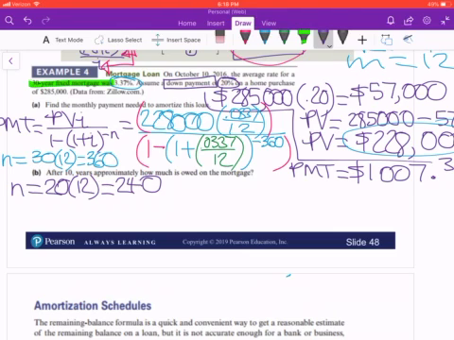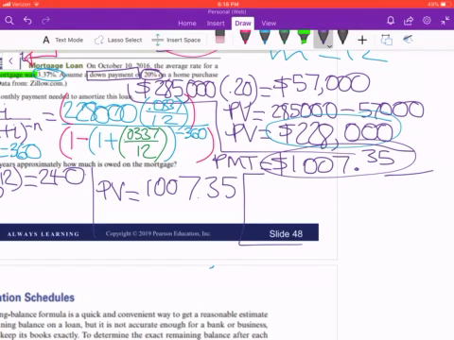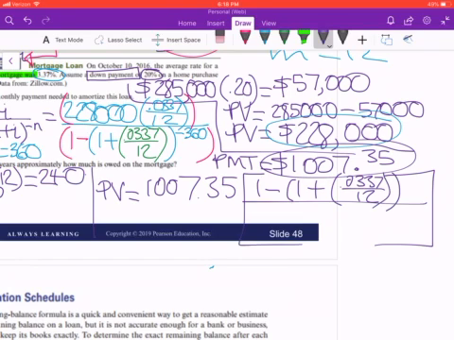So what we can do here is find the present value of those payments that are still remaining. The present value will equal the payment, and this is a formula that we used previously in example 1. That will be the payment we already found, $1,007.35, multiplied by 1 minus parentheses 1 plus the rate, 0.0337 divided by 12, close parentheses, to the power negative 240.